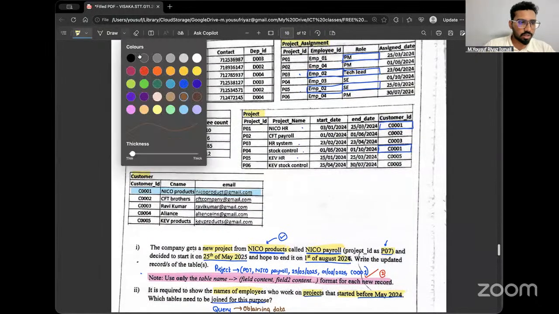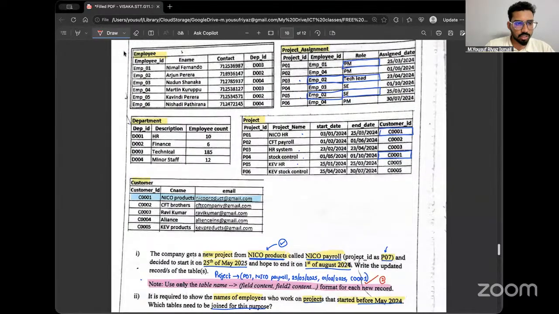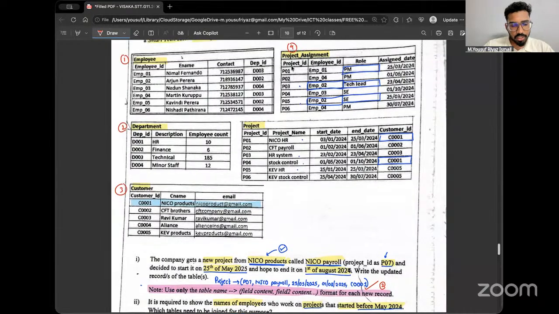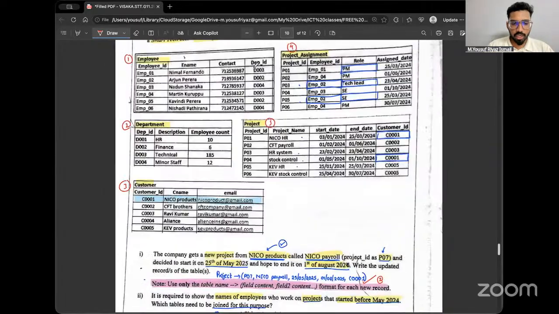Okay, I'll make your work very easy. I'll give numbers to the tables. Let's call this one, this two, this three, this four, and this table number five. So tell me, first, which table will you go to?